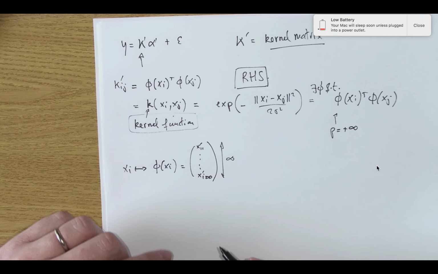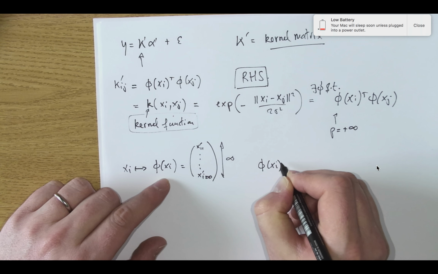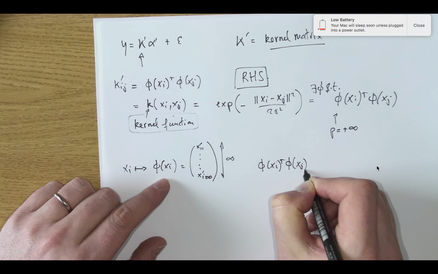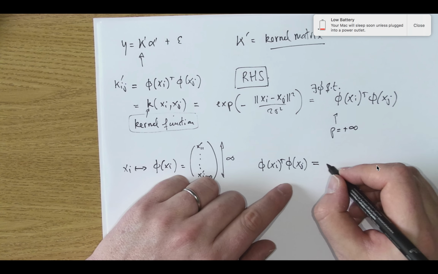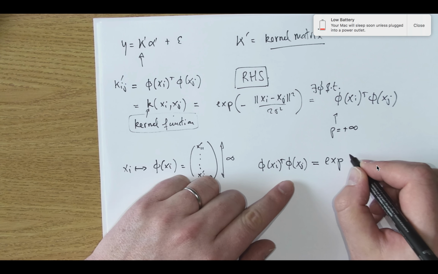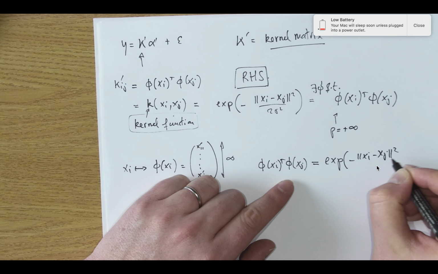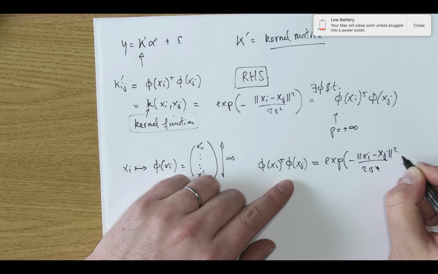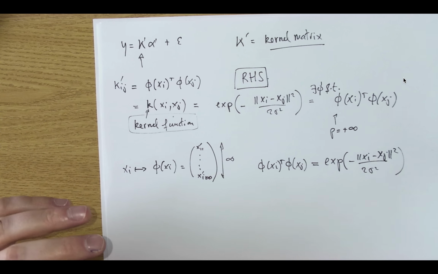Okay, and then we say, right, when you do the scalar product between these two guys, then this is going to be exactly equal to that quantity here, which is our exponential kernel. Okay? So this is the idea, okay?